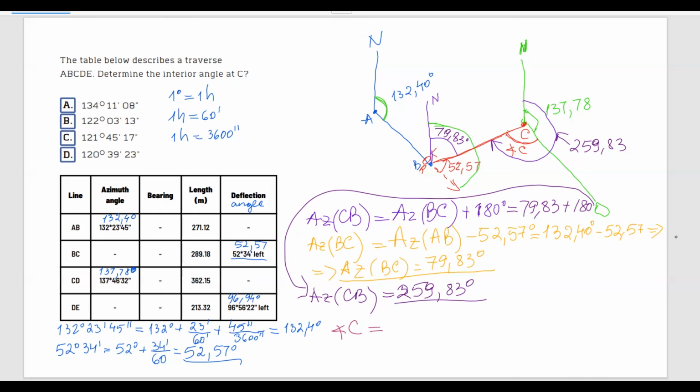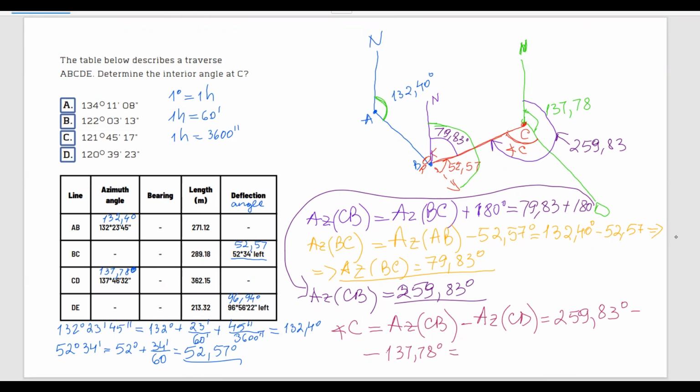So now that we know that, it is easy to calculate the angle C. The interior angle at C is going to be equal to the azimuth of CB minus the azimuth of CD, this one in green. And this equals 259.83 degrees minus the azimuth of CD, 137.78 degrees.